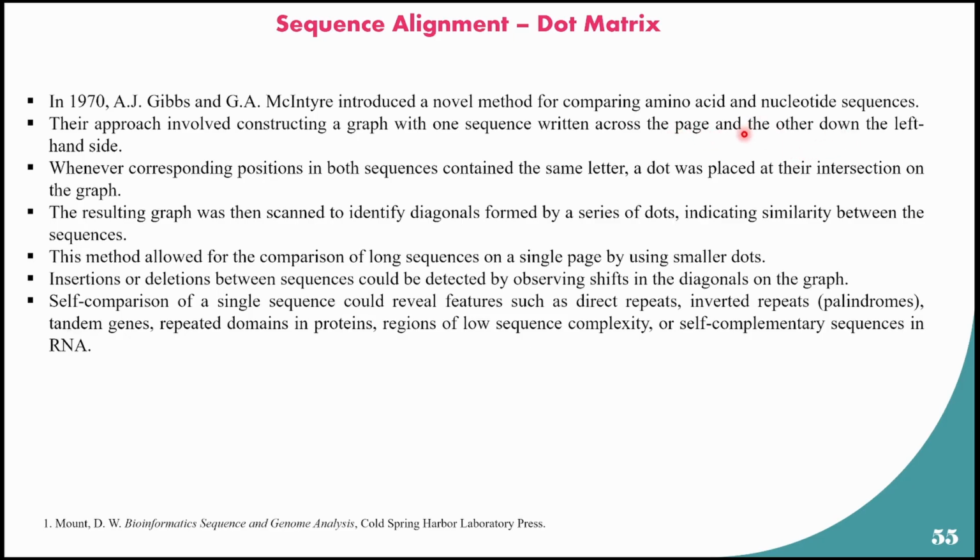You have these 2 sequences written, and whenever you find a matching character between both of these coordinates, basically x and y, you put a dot at that intersection point in the graph, and then when you end up placing all of the dots together, what you try to find are particular diagonals. Okay. Now the diagonals in this case, they will reveal the regions which are aligning together basically. So from that you can get ideas about different stuff.